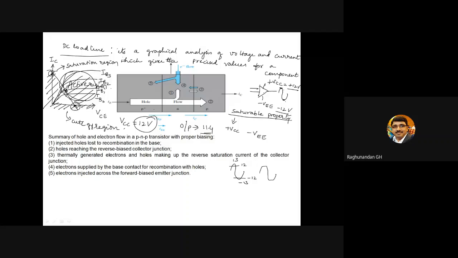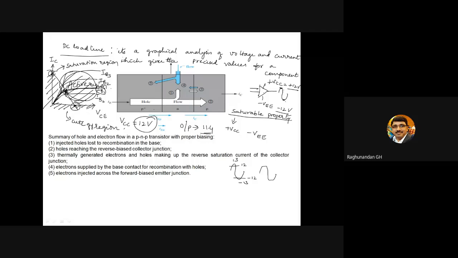Let us say I have kept the current at IB1. So now I'll be having only this curve. So I have fixed IB1. During that time, this DC load line and this curve are going to intersect each other.